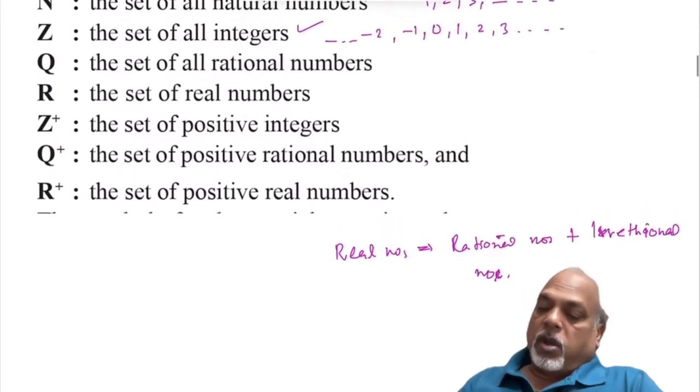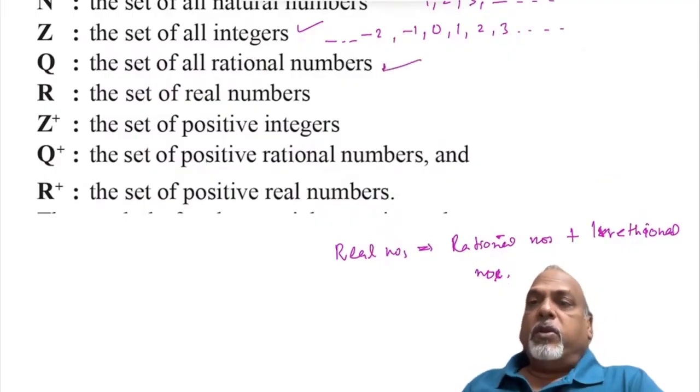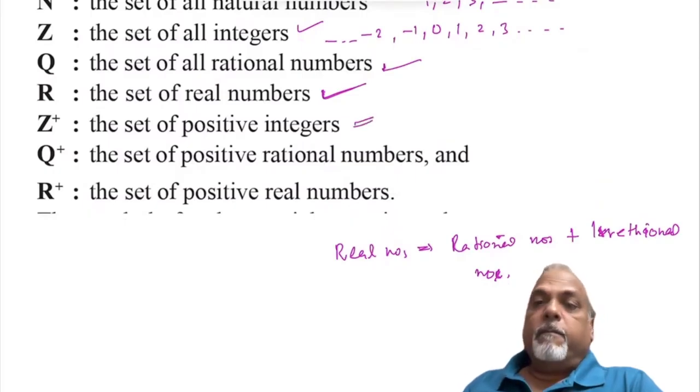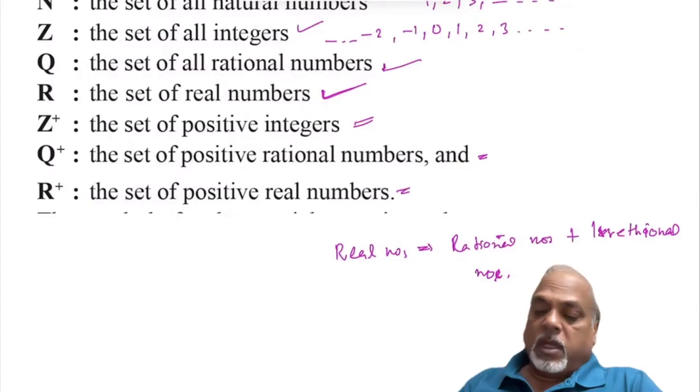Correct? So a set of all rational numbers is a particular kind of object. Set of real numbers, or we can define the set of positive integers, set of positive rational numbers, and set of positive real numbers.